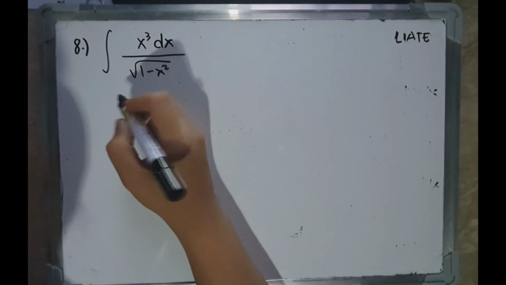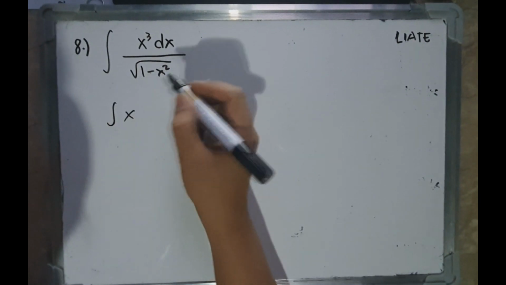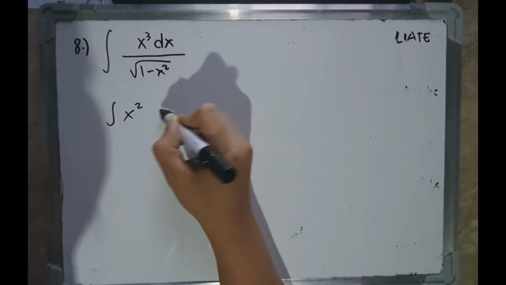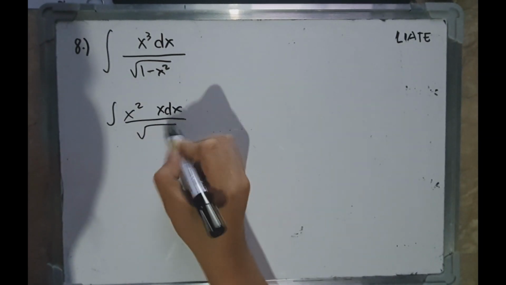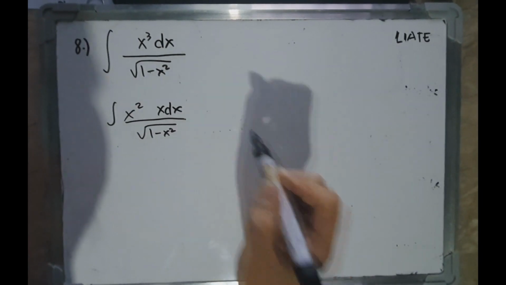So again, we will be separating from our numerator x squared and the x dx all over the square root of 1 minus x squared.